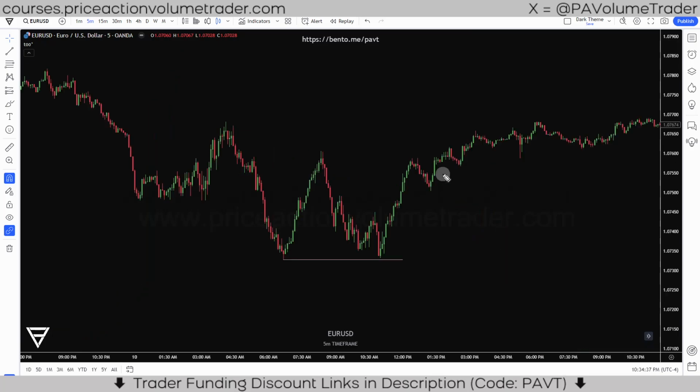Now obviously we're not always going to see this happen. Like for example here, same Euro US dollar 5-minute chart, you can see this is right around the New York open. We had this low that was made around 6:30 a.m. Eastern. We had the New York open markets right around here, and then we came here and we did not probe this low.